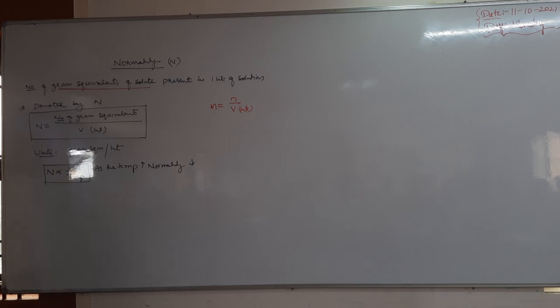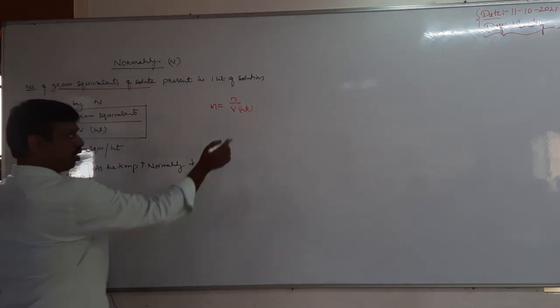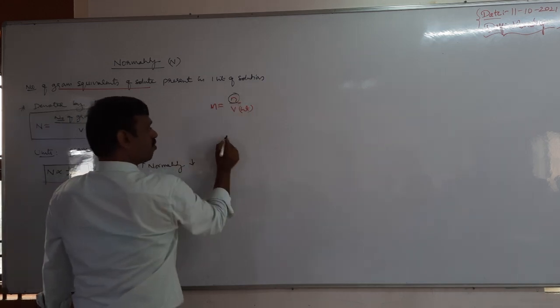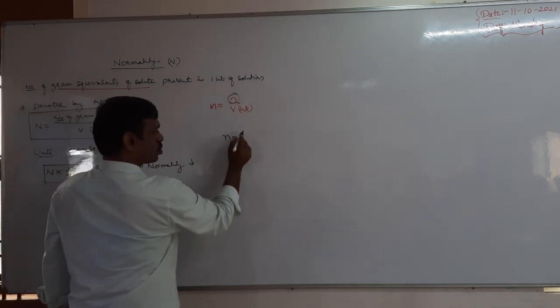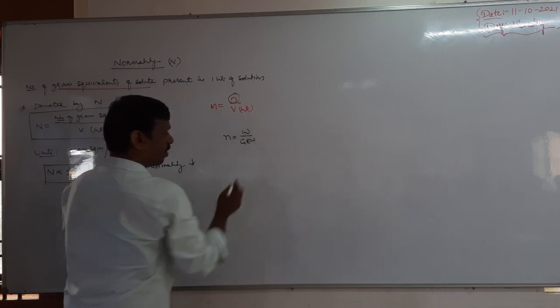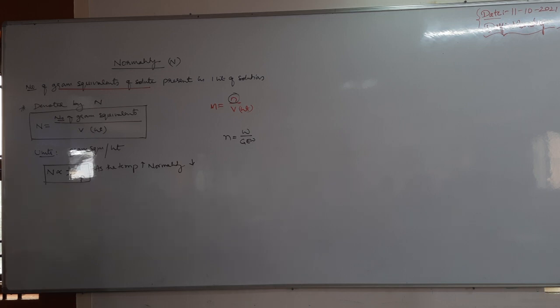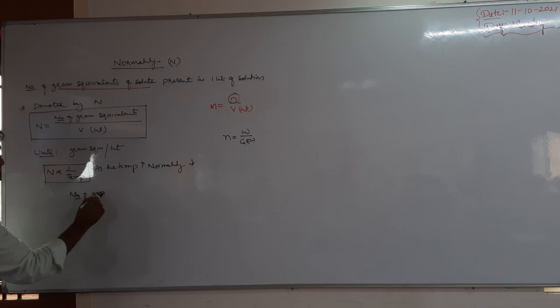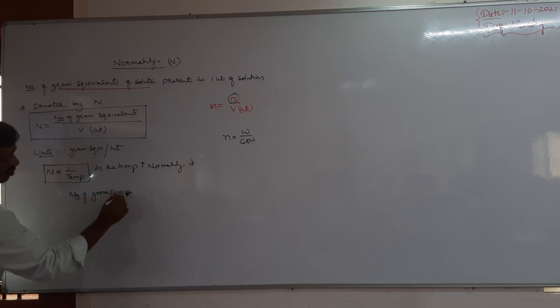Okay. Next, do you remember what is the number of moles? Number of moles is equal to weight by gram molecular weight, right? Then similarly, what is the number of gram equivalents?